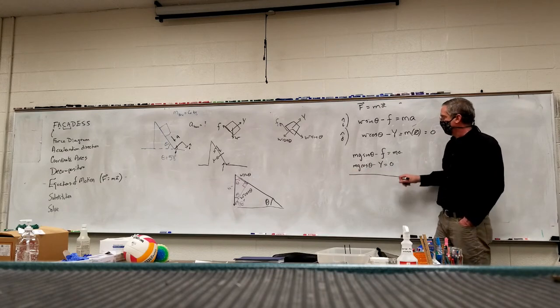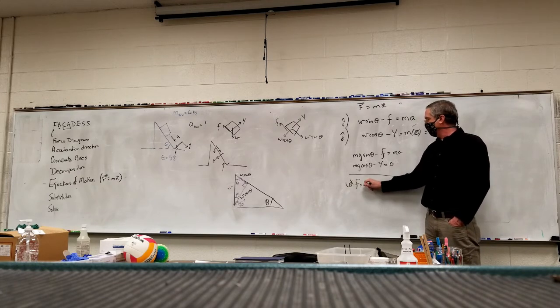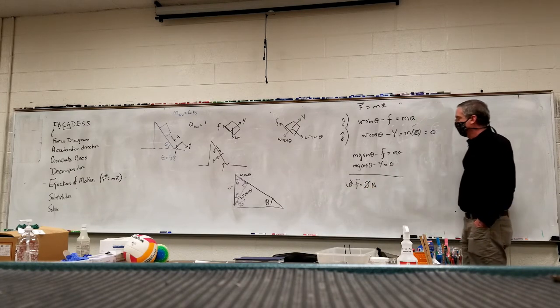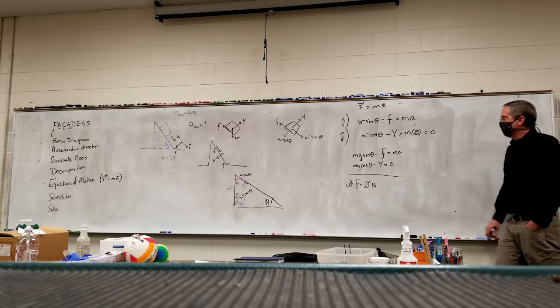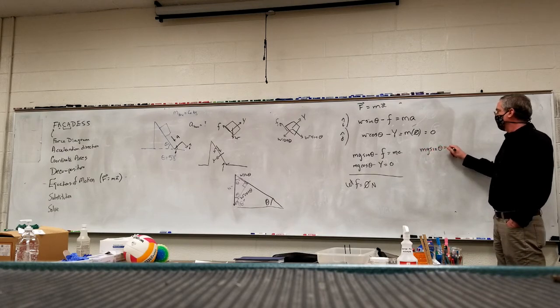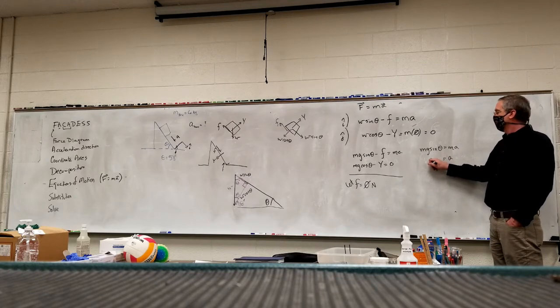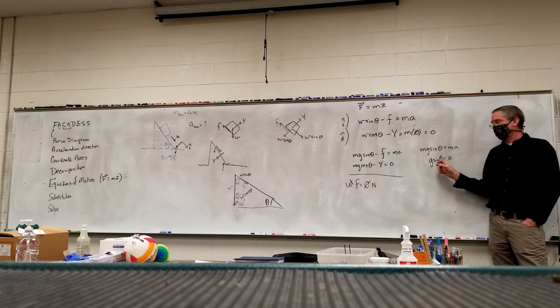At this point, let's let the friction be 0. And so this now becomes mg sine theta, and therefore acceleration is g sine theta. Now in the lab, when I ask you to find acceleration, I want you to use the experimental value, don't use this formula.